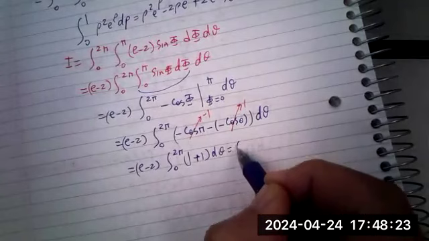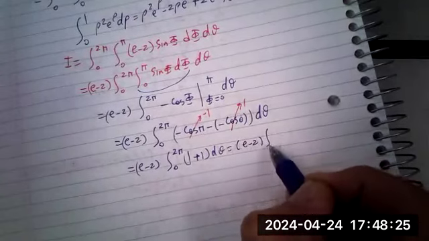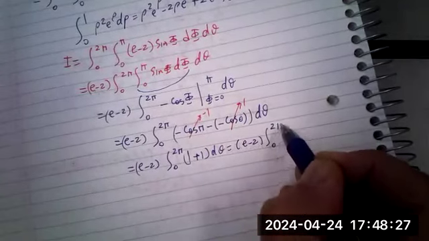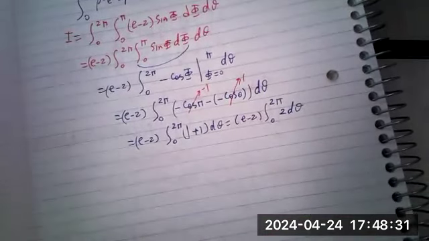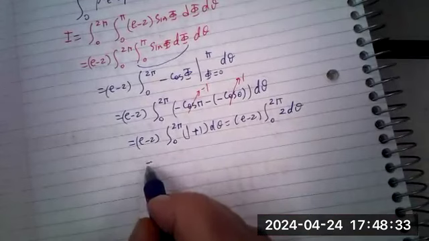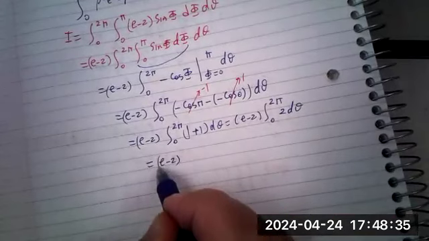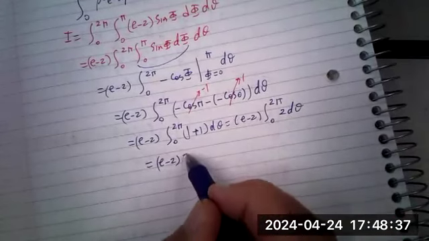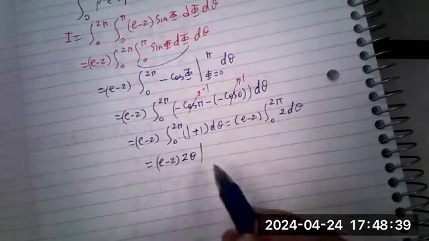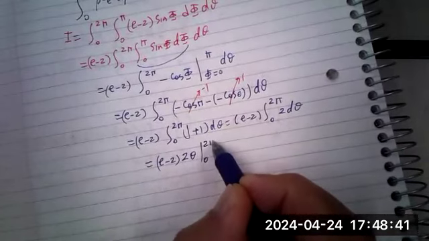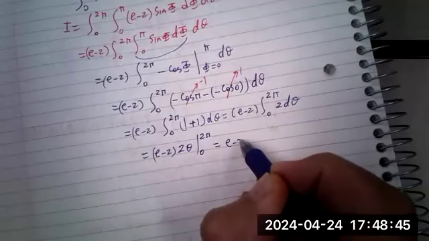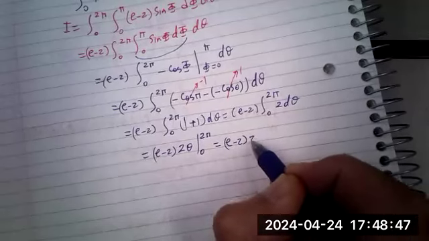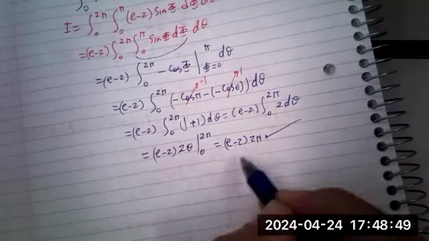It's going to be 2. So e minus 2, 0 to 2 pi, 2 d theta. So that simply gives you e minus 2 times 2 theta going from 0 to 2 pi. If you substitute, e minus 2 times 2 pi is going to be the final answer.